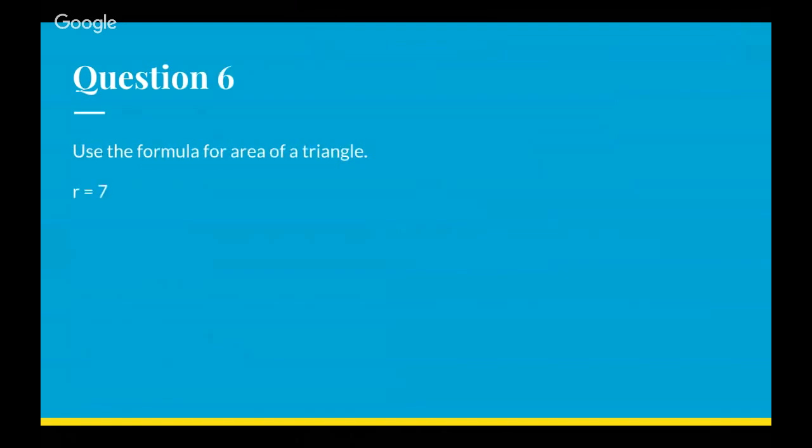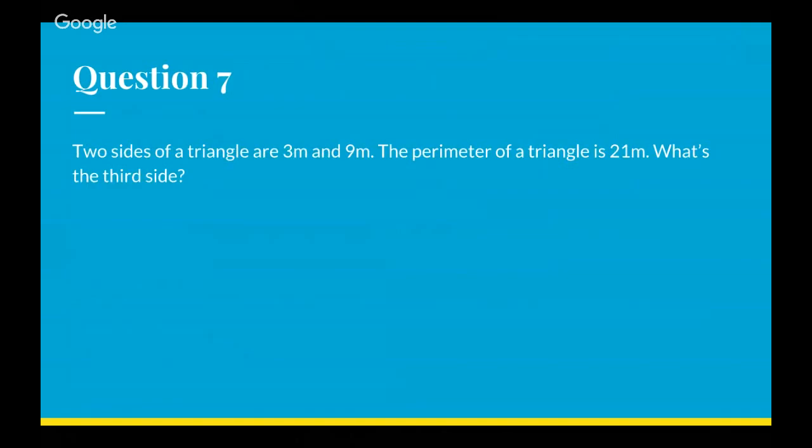Question 6, use the formula for area of a triangle where r equals 7. Remember, r is the radius. Answer, 153.86. Question 7, two sides of a triangle are 3 meters and 9 meters. The perimeter of the triangle is 21 meters. What's the third side?